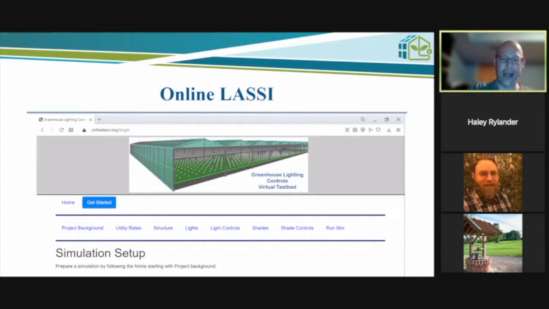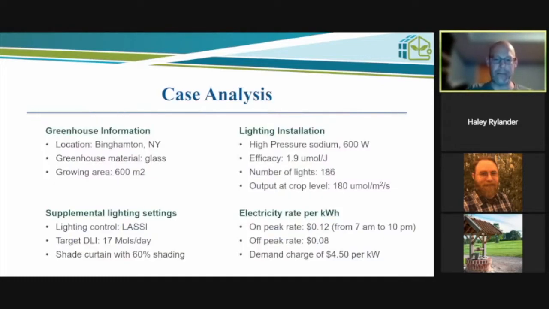So this is what we usually see when you land on the page. And I'm just going to quickly go through a case analysis of one way that you could use it. Say we have a greenhouse in Binghamton, New York. We can put in the size, the target DLI, some characteristics about the lighting system, and some about the electricity rate.